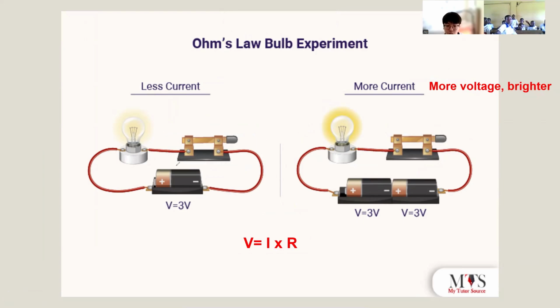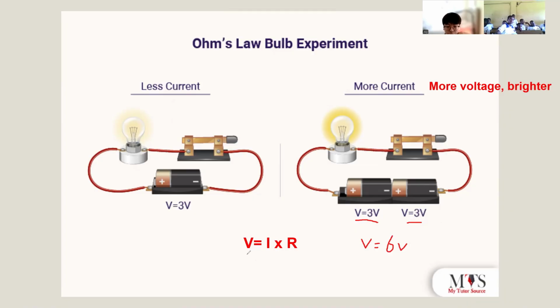That is with 3 volts. But with more voltage, we have 2 batteries on the right, 2 times 3 volts, so we have 6 volts. V equals 6 volts. So this has more voltage.